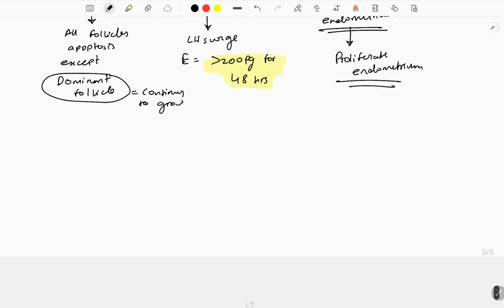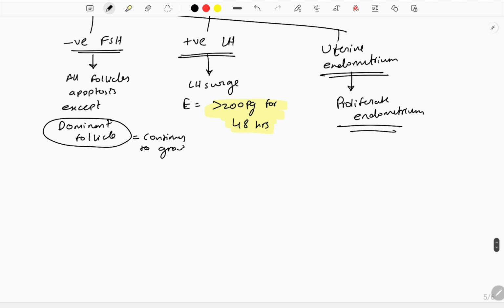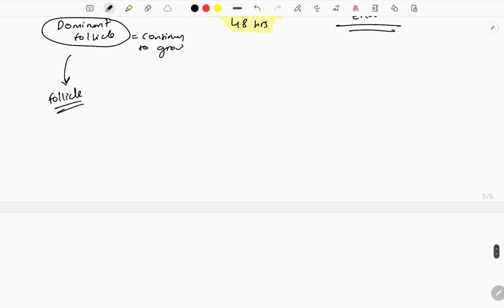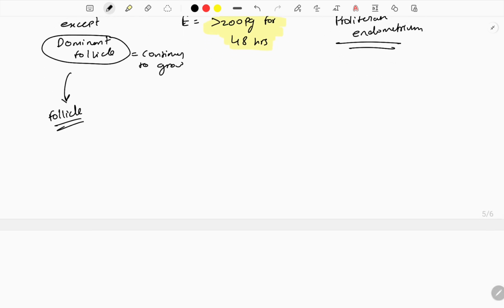Now, we'll learn about follicle. First is primary oocyte. It has these follicular cells.